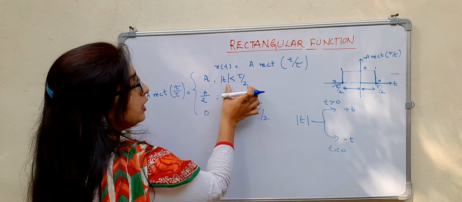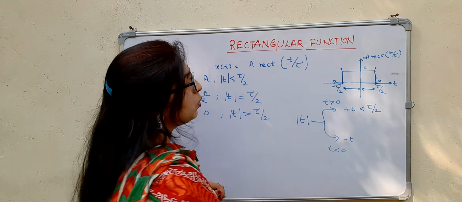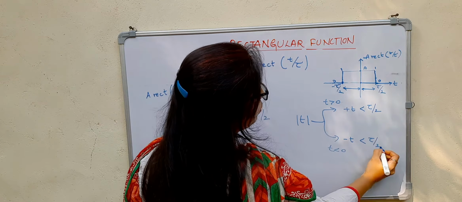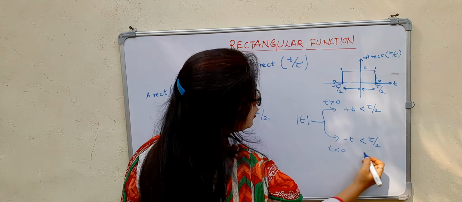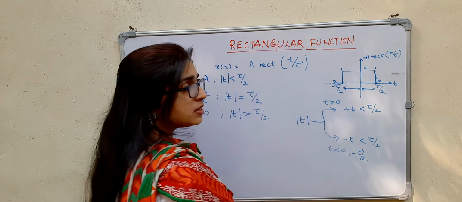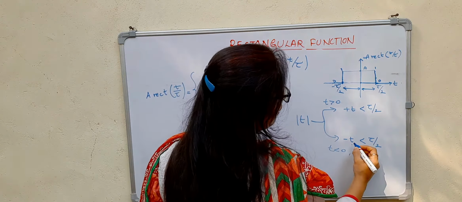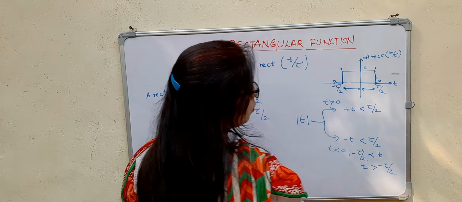So mod t is less than tau by 2. If I interchange it, it becomes t greater than minus tau by 2.